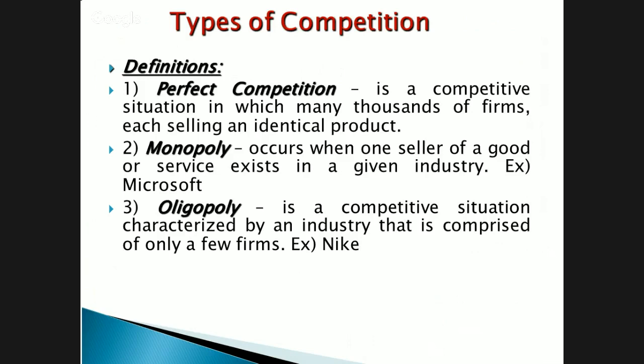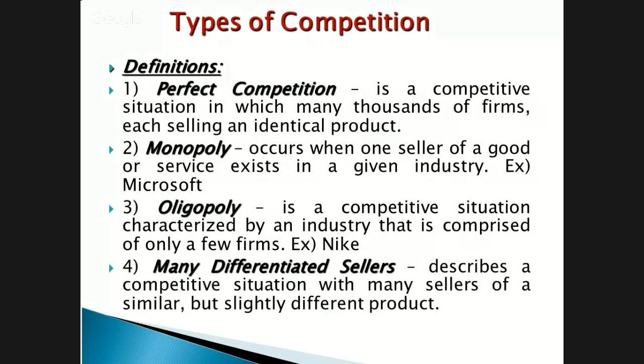Then an oligopoly, a competitive situation characterized by an industry that's comprised of only a few firms. I've got Nike here as an example, in sporting goods supply or clothing. And then many differentiated sellers.